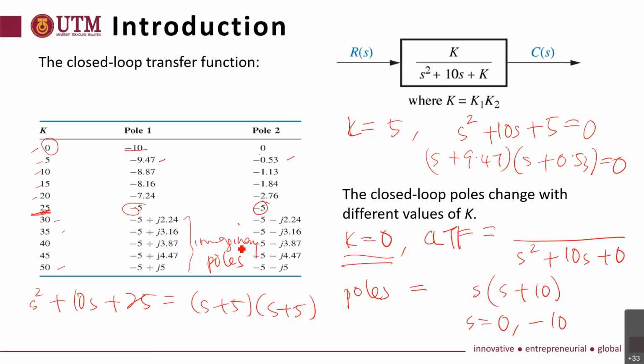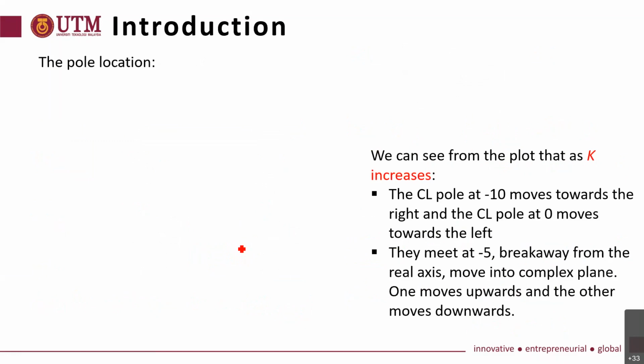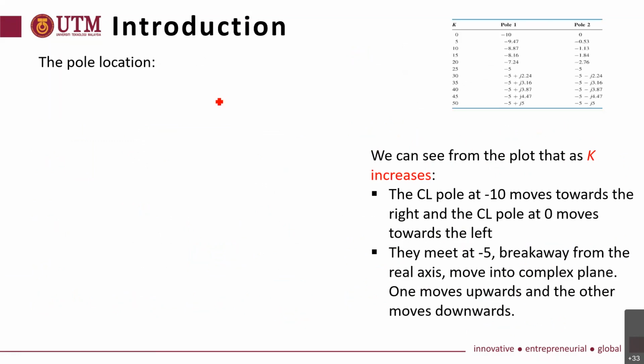So the pole is very important, but it is now determined by the value of K. If I draw here, based on this, it's the S-plane.